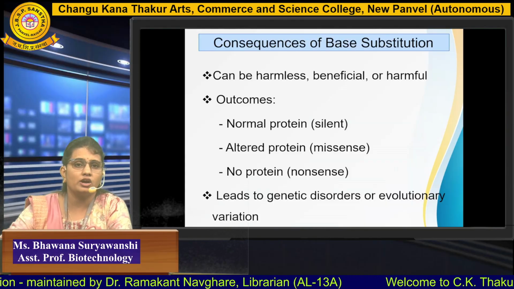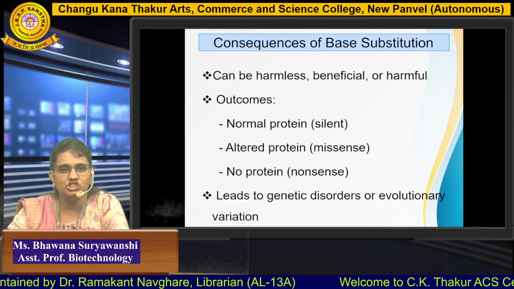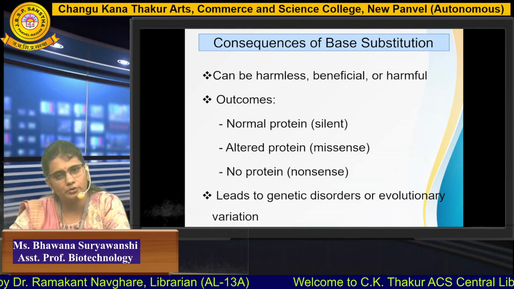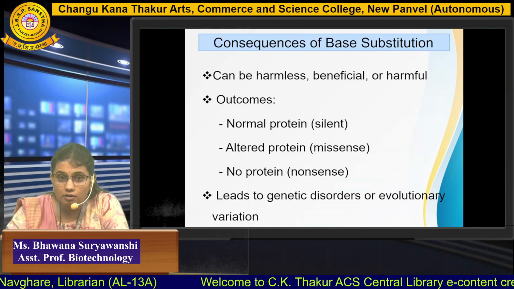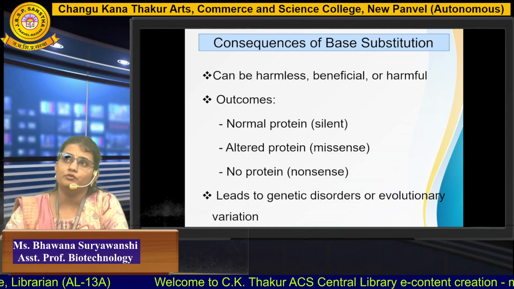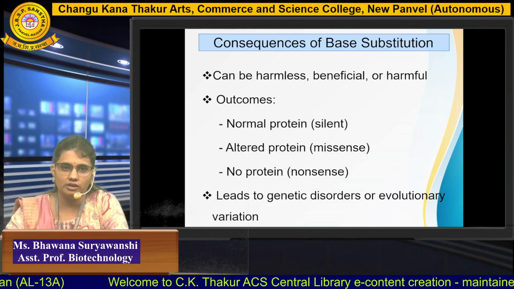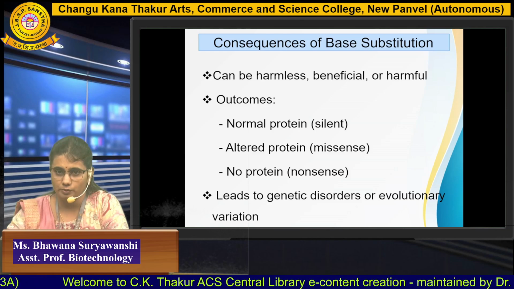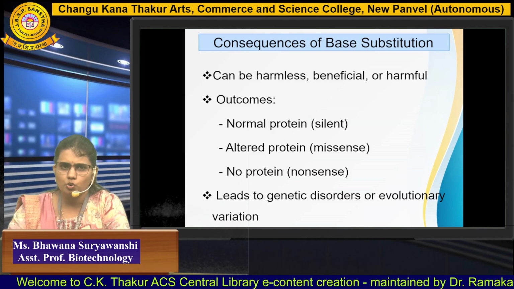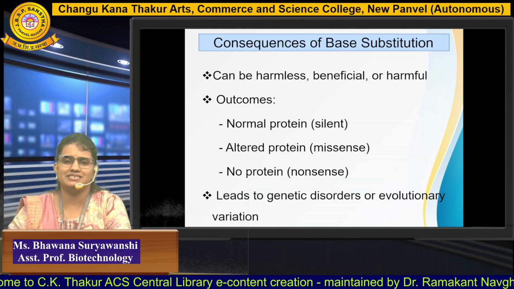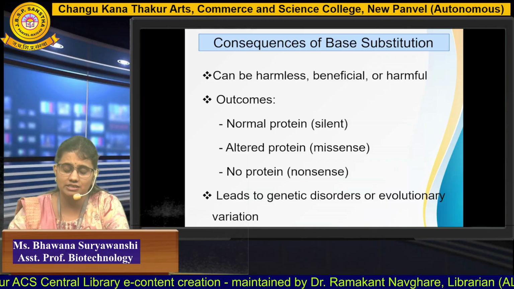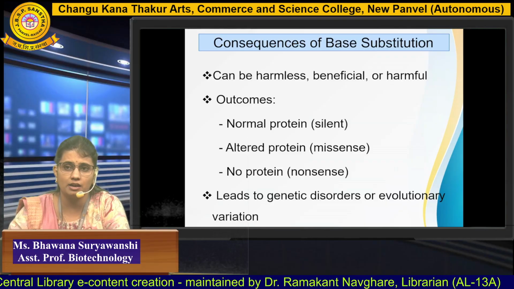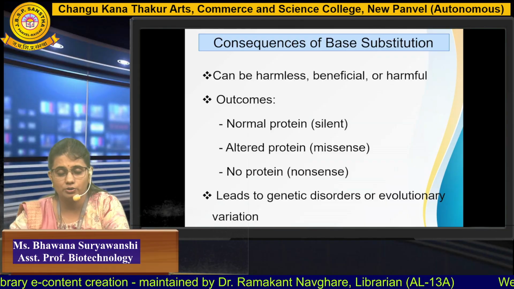Okay, so outcomes. If the change is leading to a normal protein itself, we call that silent. If the protein is altered, that is missense. And if no protein, but a truncated protein is observed, that is nonsense mutation. So the total outcome of base substitution mutation can lead to genetic disorders, as we have seen in the examples of sickle cell anemia and Duchenne muscular dystrophy.